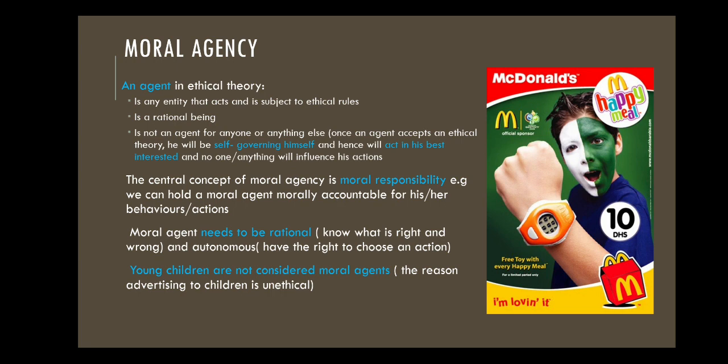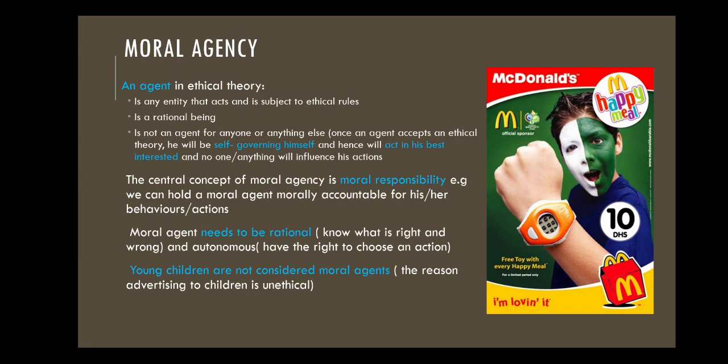A moral agent needs to be rational, which means knowing what is right and wrong, and autonomous, which means having the right to choose an action. This is a very important point. A person is called a moral agent if he is rational and autonomous, or independent. Young children are not considered moral agents.